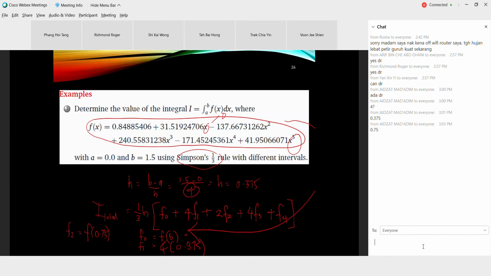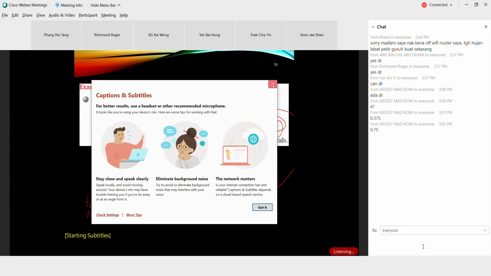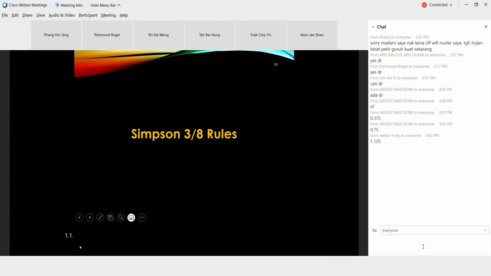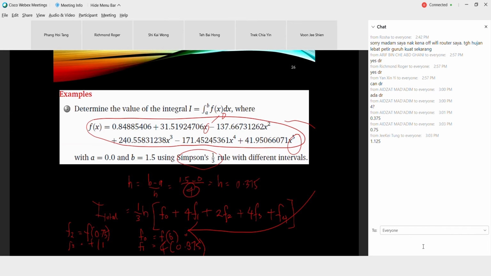Yes. And then continue, F3 is equal to F at 1.125.